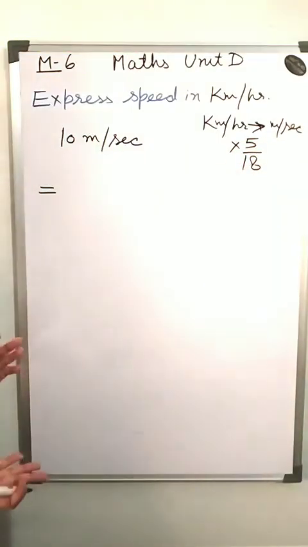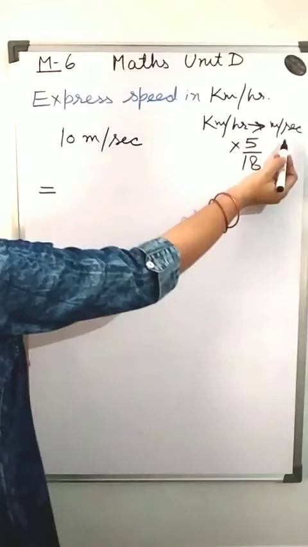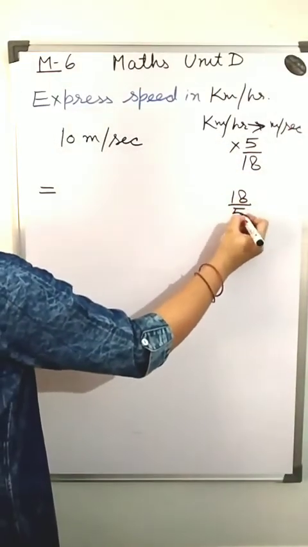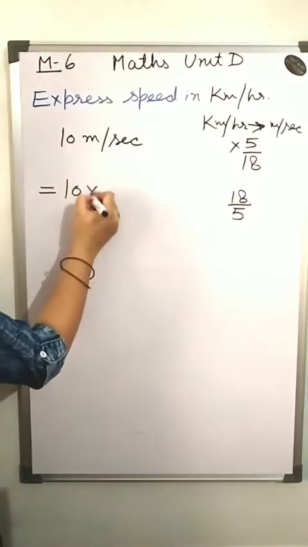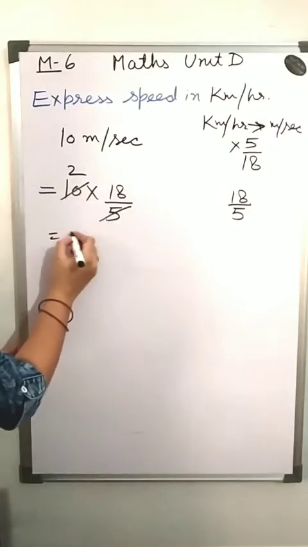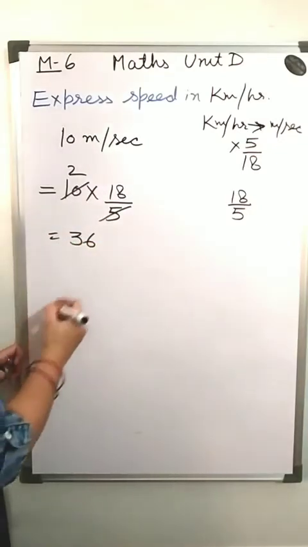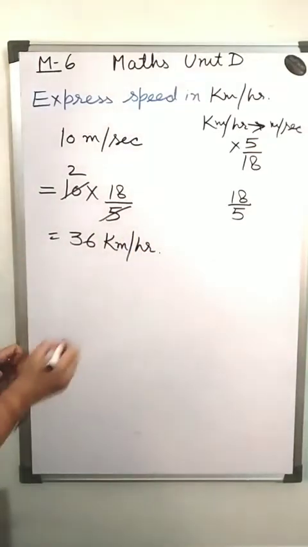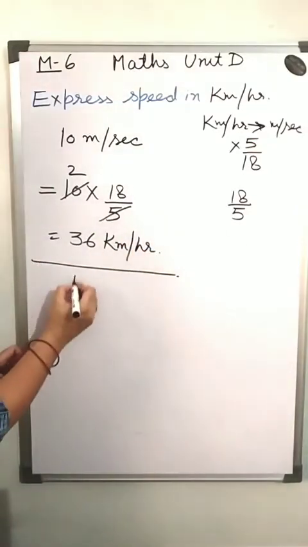But for the reverse process, meter per second to kilometer per hour, you multiply the number by 18 upon 5. So it is 18 upon 5, and we cut them, and it is 36 kilometer per hour.